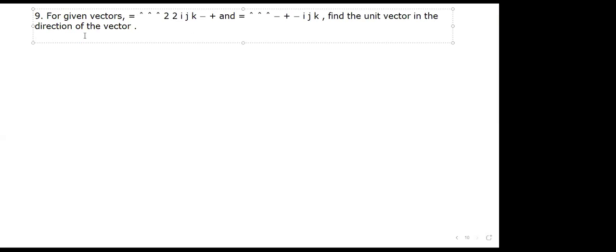For given vectors, just a minute. Again, it will destroy all this work. Yes, sir, that is the issue.